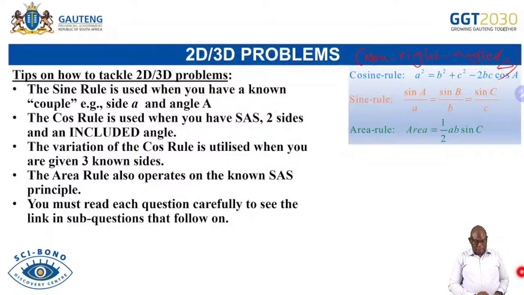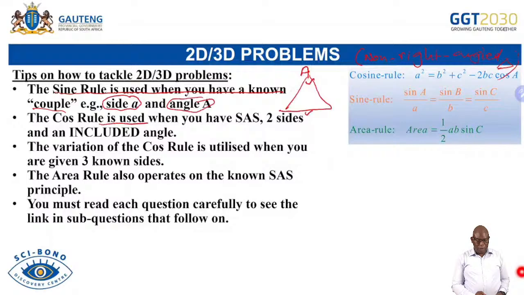The first tip is that the sine rule is used when you have a known couple. The known couple that I'm talking about is the side of A given, also the angle of A. So if I've got a triangle, the angle must be given and the side must be given. Right? That's a couple.